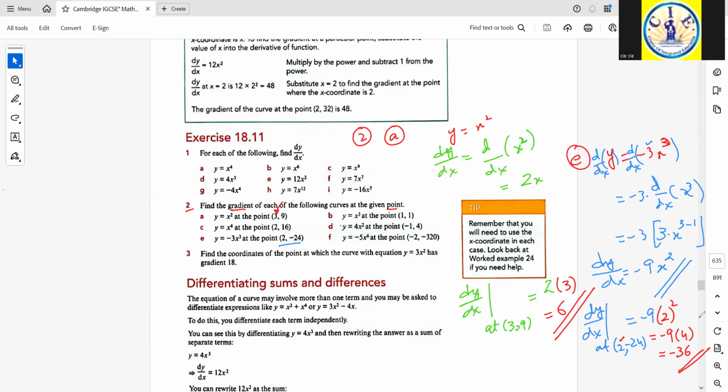So this is how these questions are to be done. In the same way, we can do its part F. And finally, let me start its question number 3.